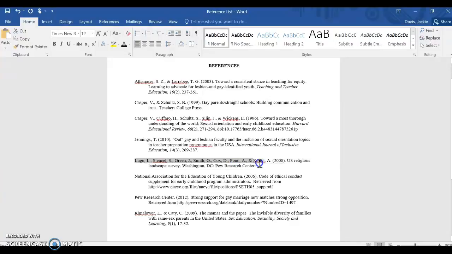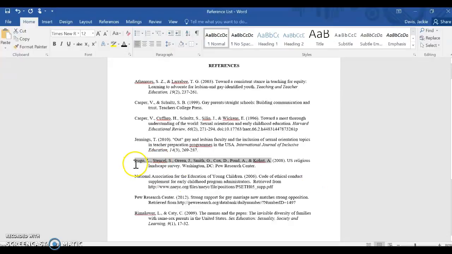Okay, look down at this particular article. You will see this has several authors: Lugo, Stencil, Green, Smith, Cox, Pond, and Kohut. If you were to list those authors' last names in alphabetical order, you would certainly start with Cox, then move to Green, then move to Kohut, then Lugo, then Pond, then Smith, then Stencil.